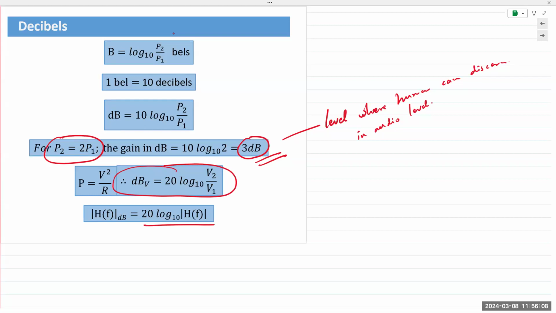Make sense? We took our frequency on the x-axis and plotted it on a log scale, so we compressed it after we plot it. We do not compress the values. But the y-axis, we actually compress it by taking the log and then plotting those log values on a linear scale.